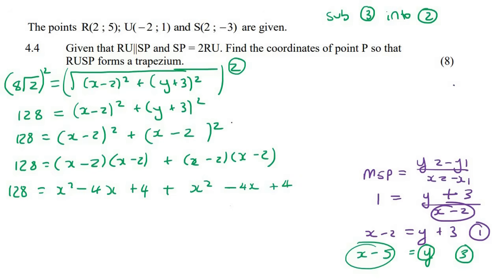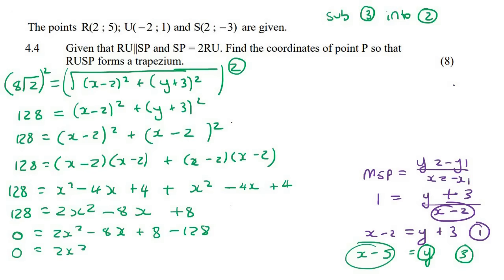Now if we simplify further, x squared plus x squared is 2x squared, and then minus 4x minus 4x is minus 8x, and then plus 4 plus 4 gives us plus 8. Now I'm going to take the 128 over to the right hand side. You could take everything to the left, but I just don't like having a negative for this one, so I would rather take everything over to the right hand side. And so we end up with that over there.